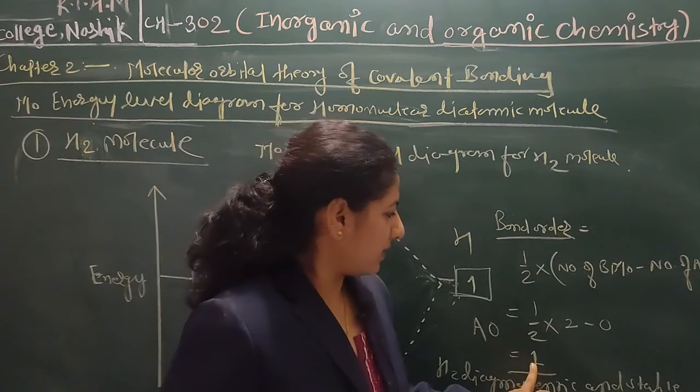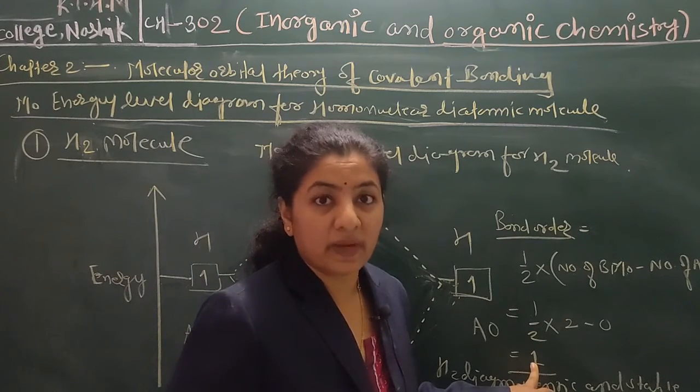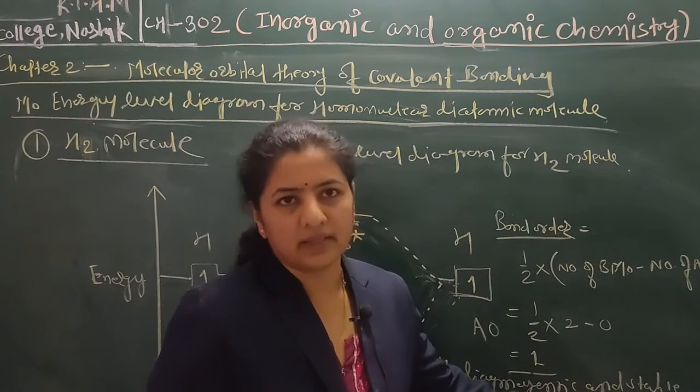All electrons are paired here, so that's why the bond order is one, and the H2 is diamagnetic and stable.